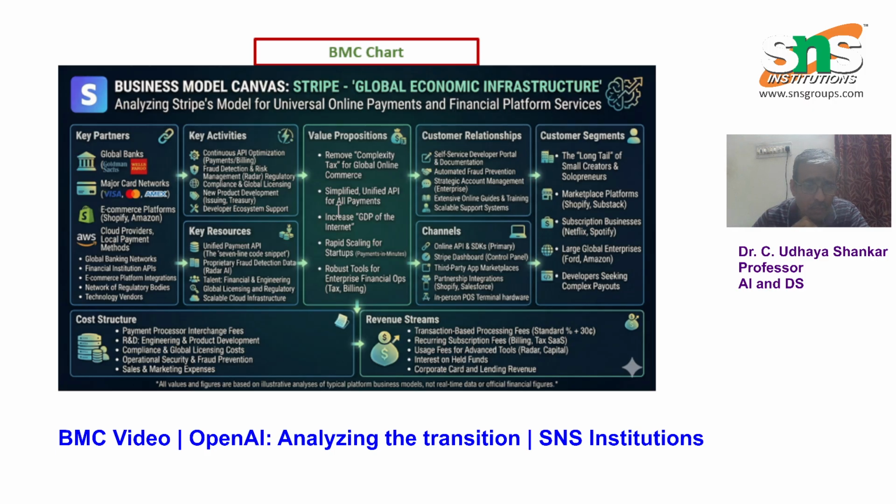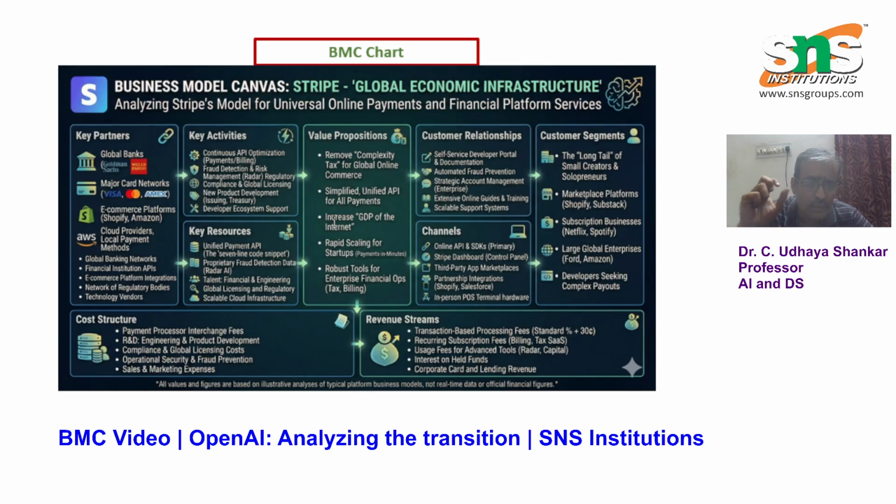We have discussed until the key activities, and the key partners are financial institutions like Goldman Sachs, Wells Fargo, cloud providers like AWS, e-commerce platforms like Shopify, etc. And revenue streams: transaction fees of 2.9 percent plus 30 cents as a standard, SaaS fees like recurring revenue from Stripe Billing and Stripe Tax, and finally interest earned on held funds.